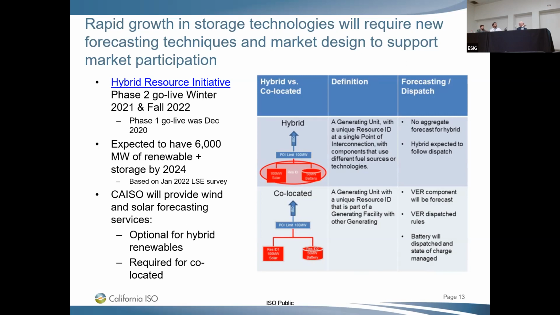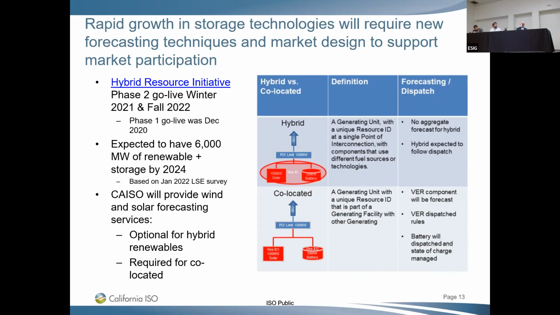We are, like we saw on the previous slide, expected to have about 6,000 megawatts of combo renewable storage by 2024. And for forecasting services, the CAISO has put out right now that we're going to be providing wind and solar forecasting services as required for co-located resources. That's the same. We forecast for all of the wind and the solar resources already on the system.